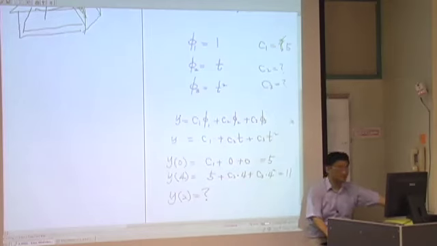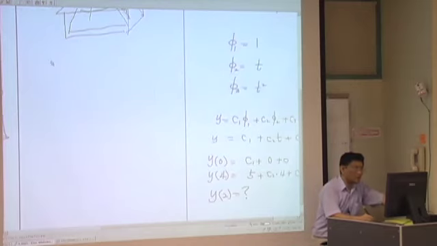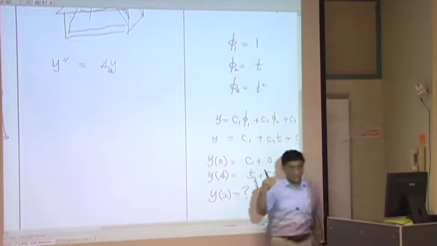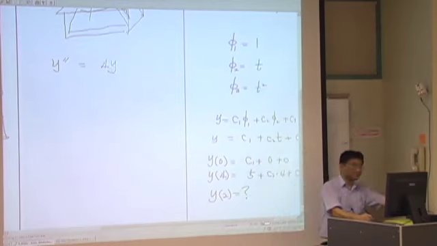So what you do is this thing. The differential equation gives us the relation. So let's do it. The y second derivative is what?